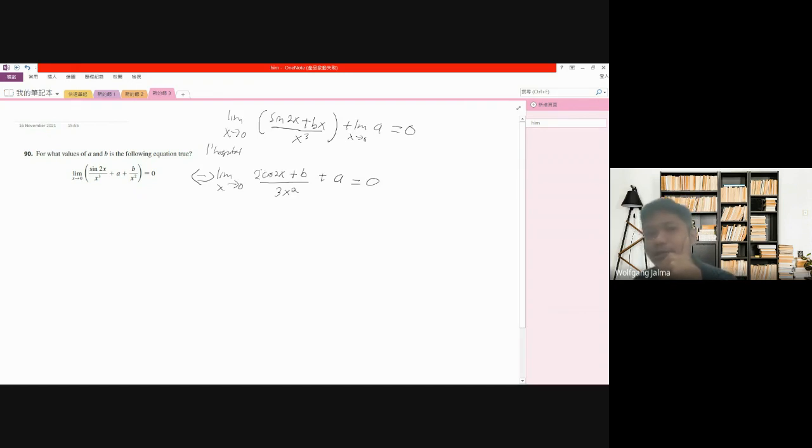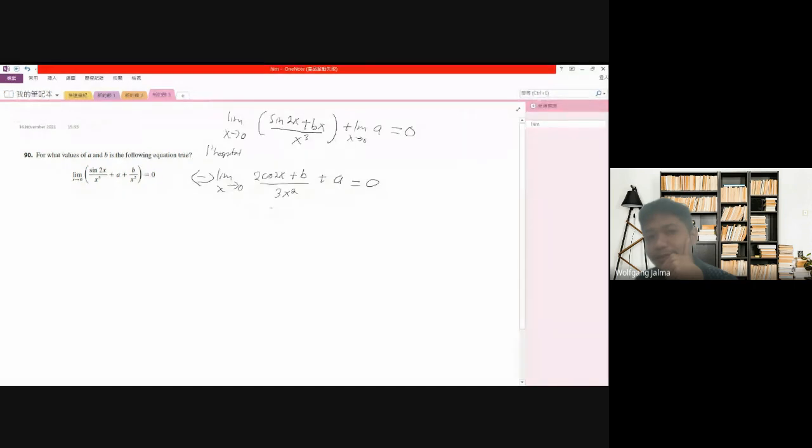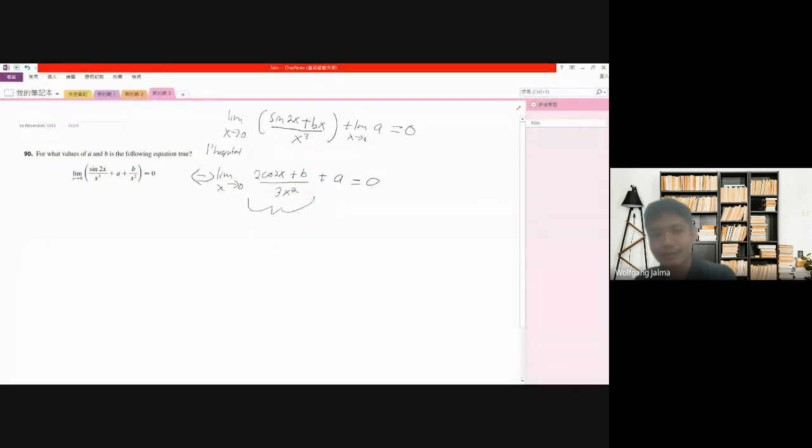In order to solve it, the numerator should go to zero. So we can make the numerator zero. Yes, that's the idea. So it should be minus a basically, right?